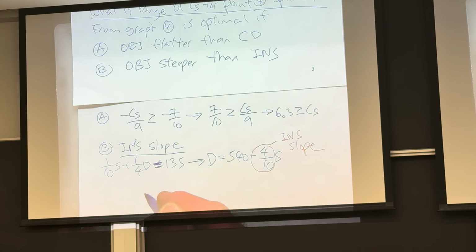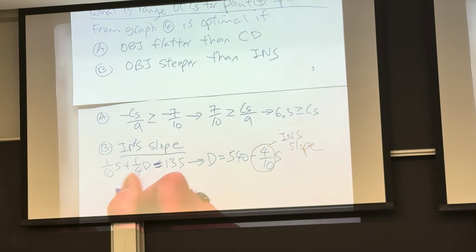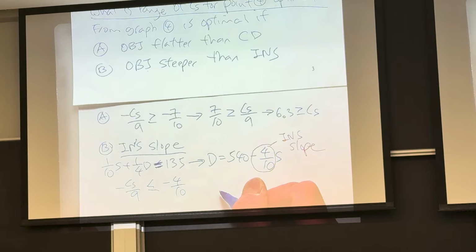Okay, so now that I got my inspection slope, I want the objective steeper than INS. There's the objective. There is the INS. Steeper, more negative number. And solving, I get 3.6.